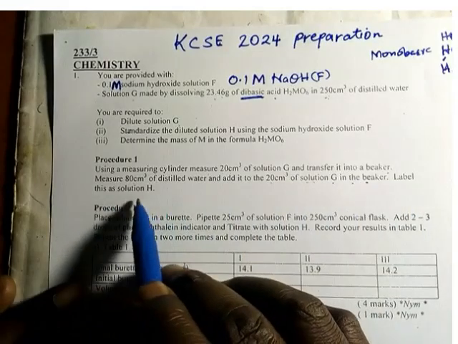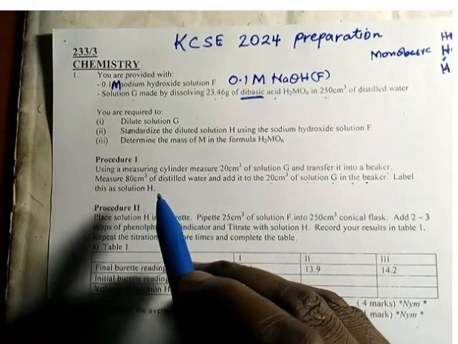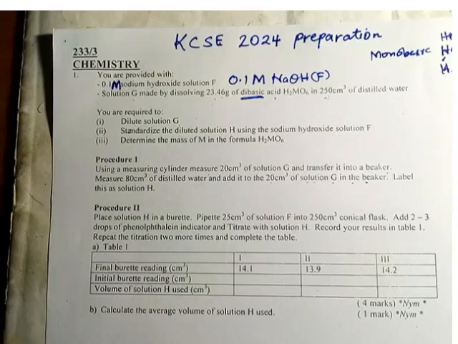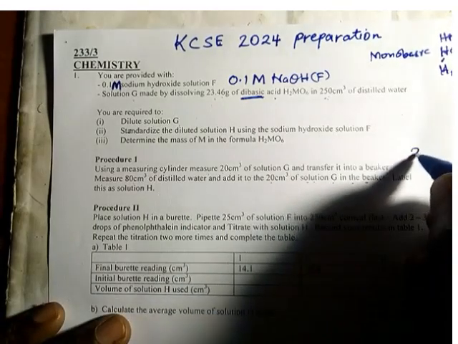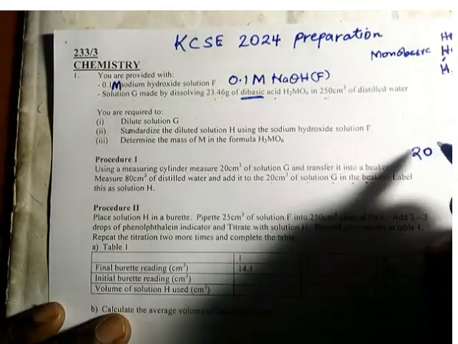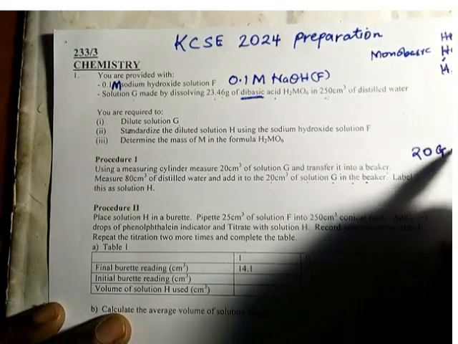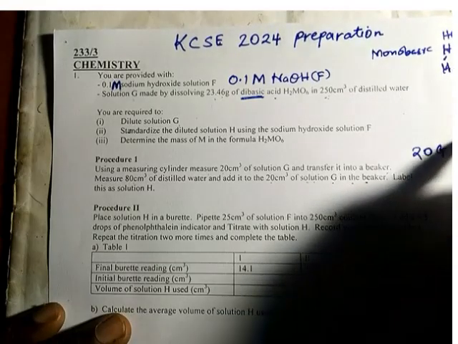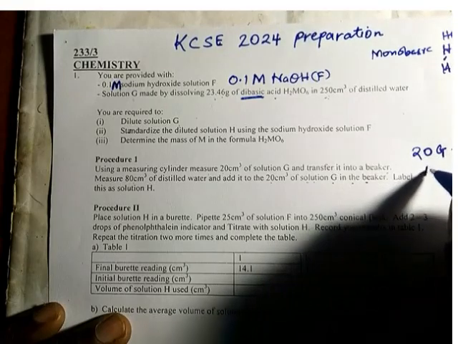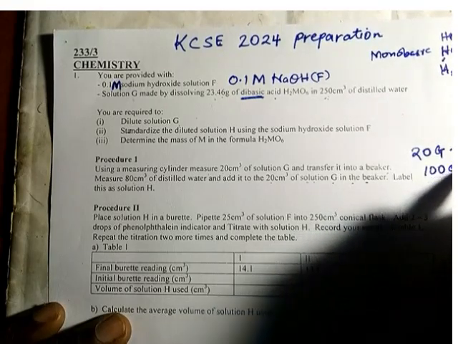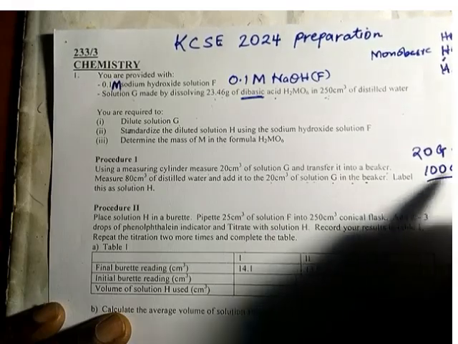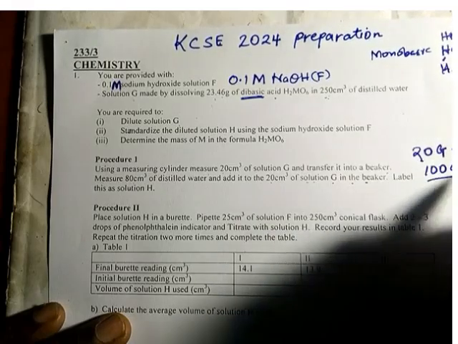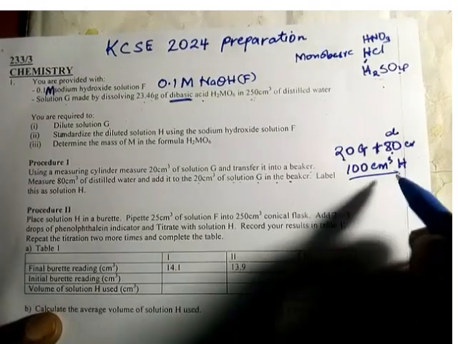Label the solution H. Understanding the procedure of whatever you are doing is very important. We are taking 20 of solution G, adding 80 centimeters cube of distilled water, and forming 100 centimeters cube of solution H, because 20 plus 80 is 100.